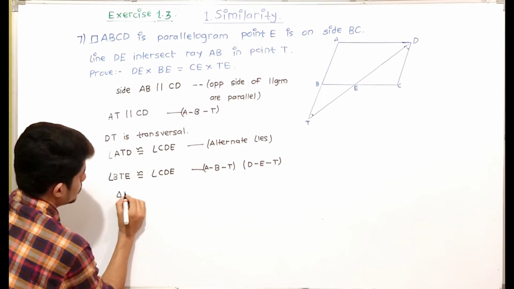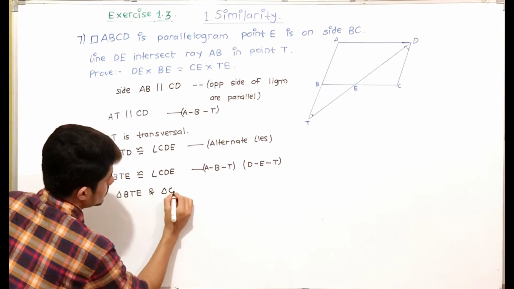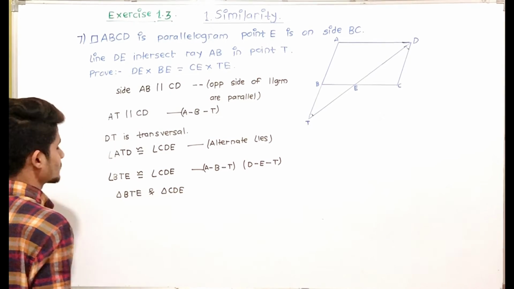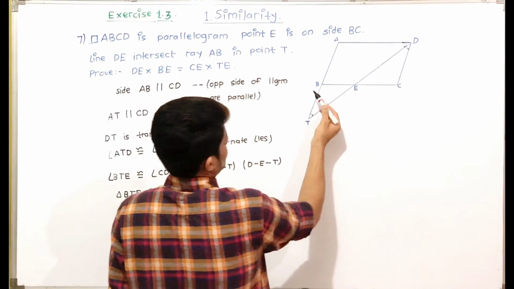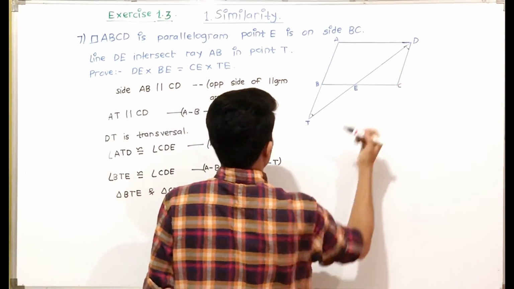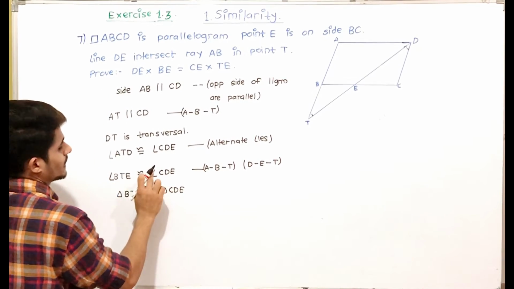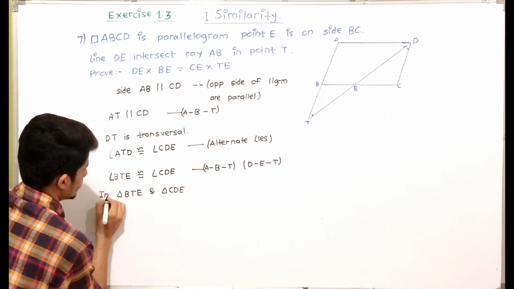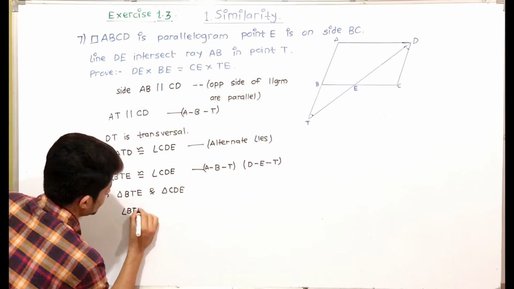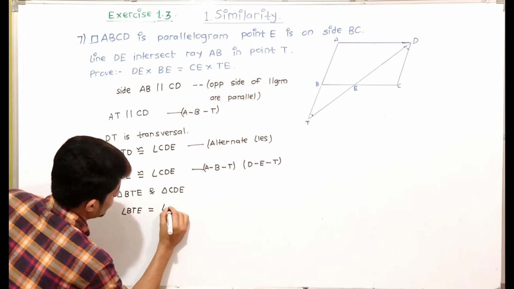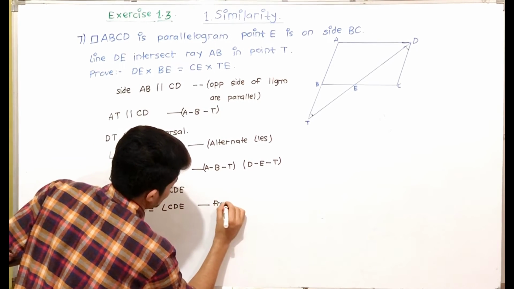In triangle BTE and triangle CDE, angle BTE is equal to angle CDE, which we proved from 1.